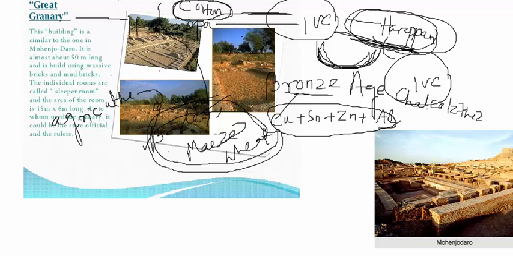So you have to remember cotton. And in another session, we'll learn that IVC people were the first to use copper. So copper and cotton, two things you have to keep in mind, are the first things used by IVC people.